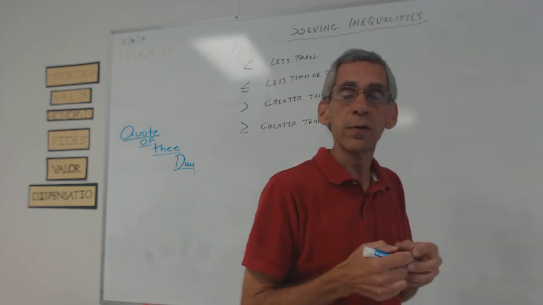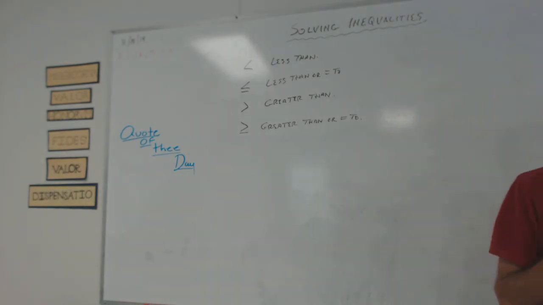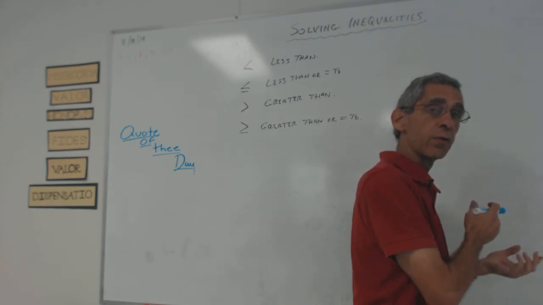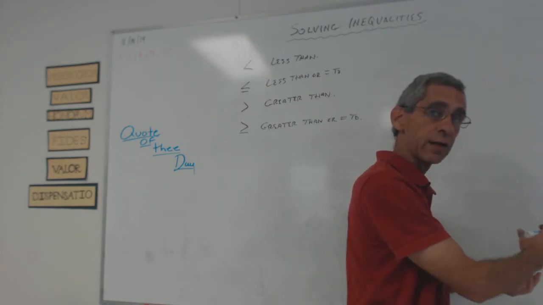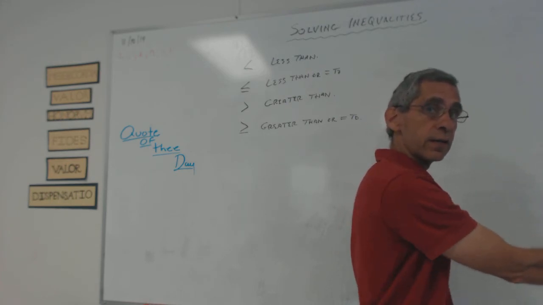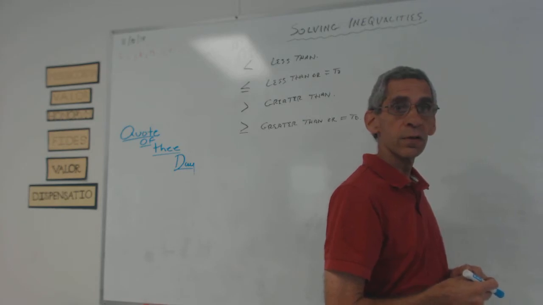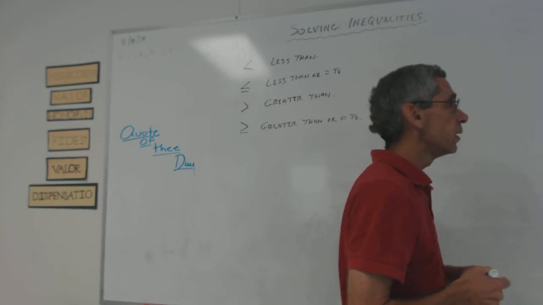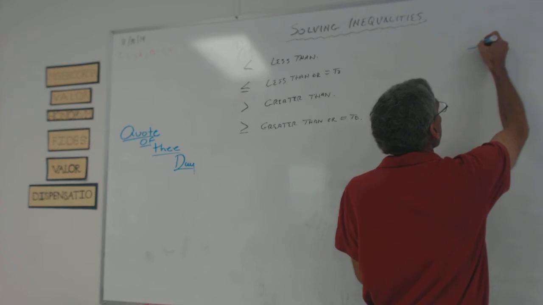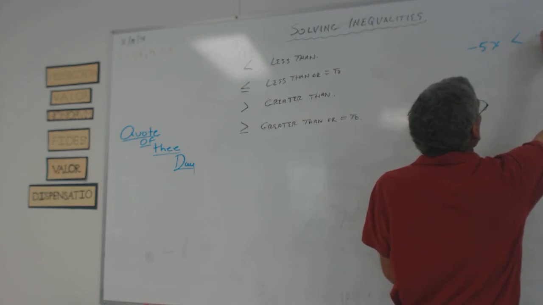Know how you were doing it the other way, the longer way? You were dividing by a negative number too. No, I wasn't. I was adding 5x to the other side and then subtracting, and then it was positive, and I divided by a positive number. It was negative 5x, right? It was less than, I think.